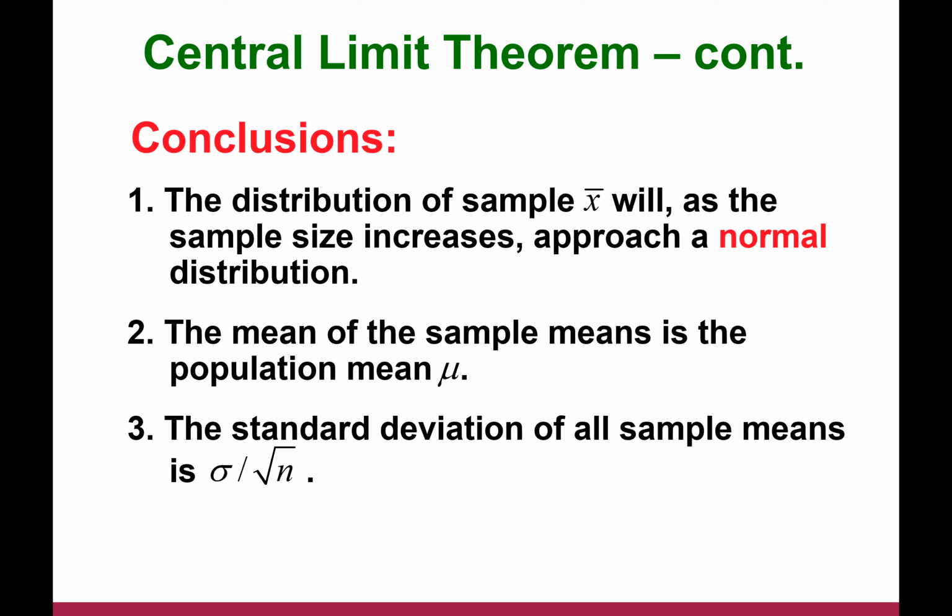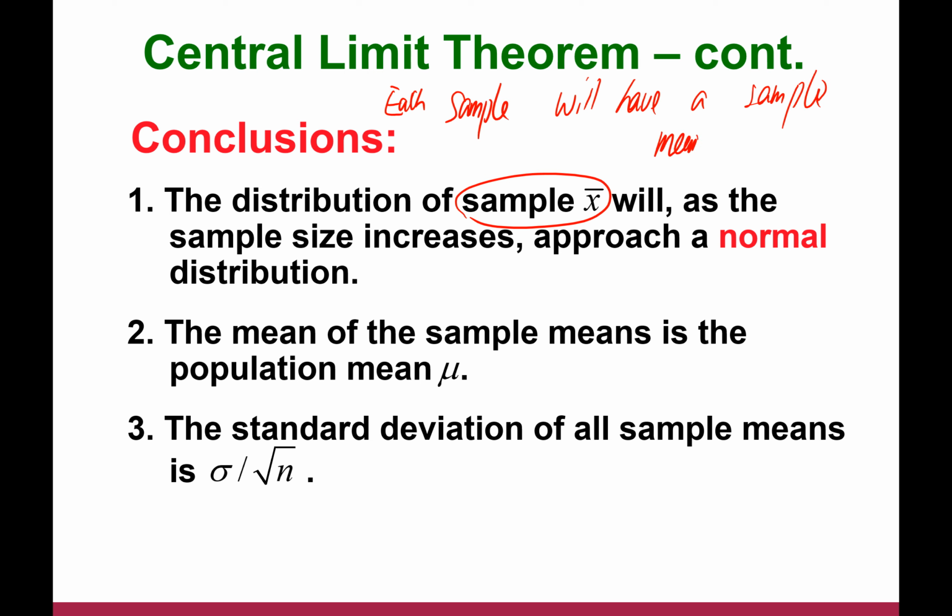And the conclusion is about the distribution of the sample means. When you pick a sample, each sample will yield a sample mean. We use x bar to represent the sample mean.